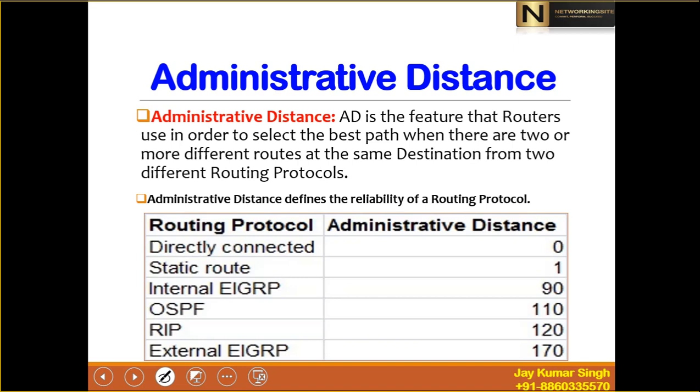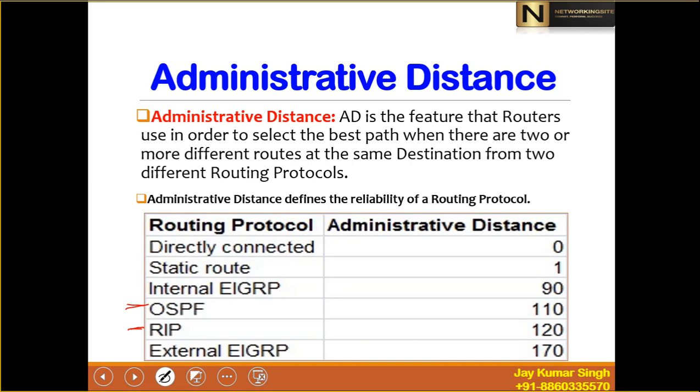Now for example, I have two cars. One is OSPF and the second one is RIP. This is my car, and I want to go from Congo to Rwanda. So I will compare and say which car I should use, RIP or OSPF.